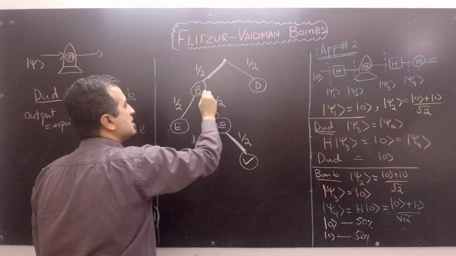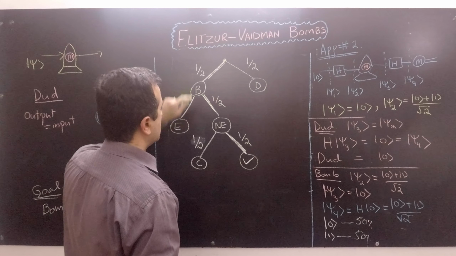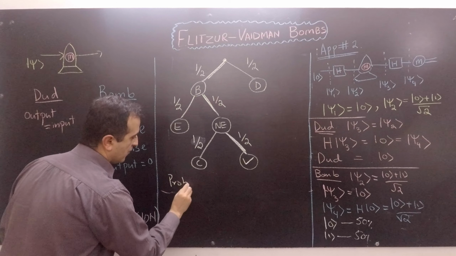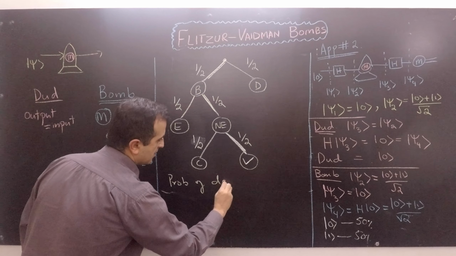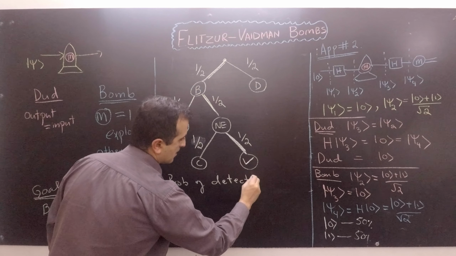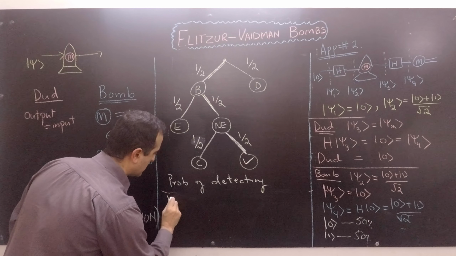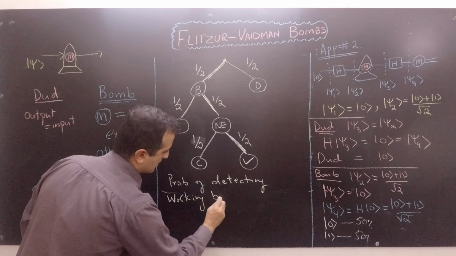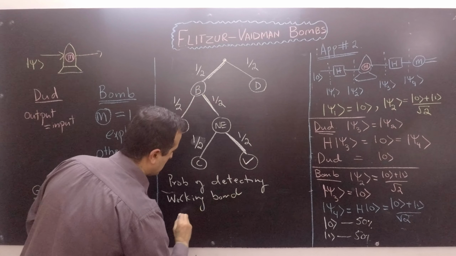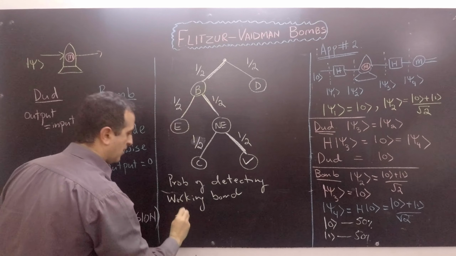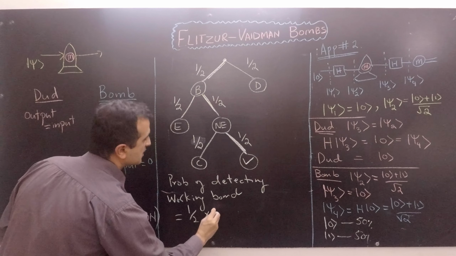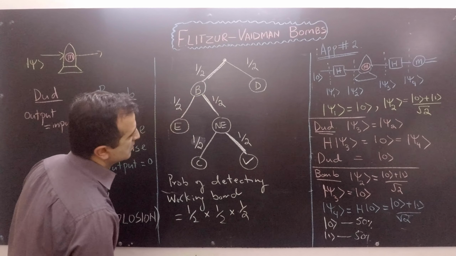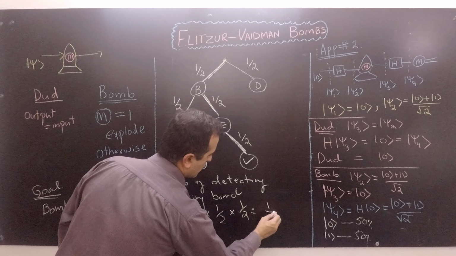So when the probability of bomb is half, then the probability of detecting a working bomb without explosion will be equal to 1/2 times 1/2 times 1/2 equals 1/8.